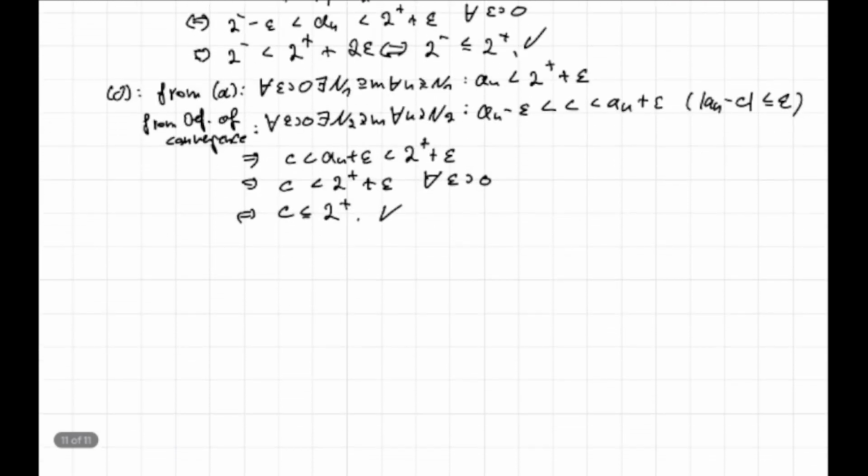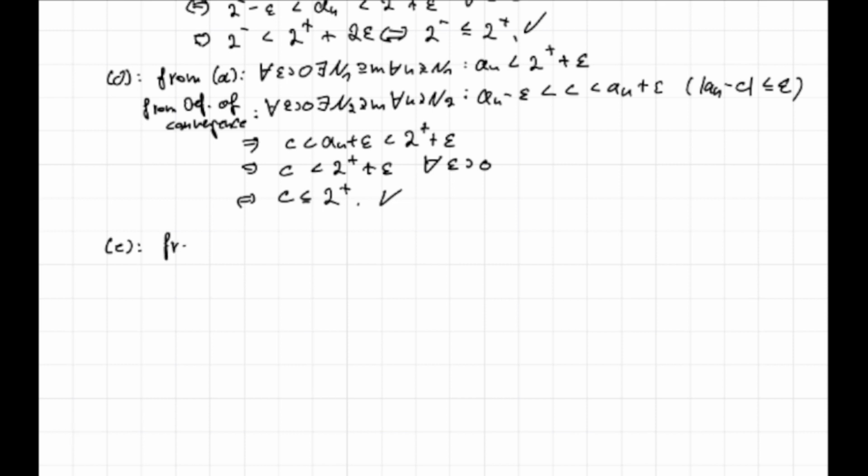So now we are just going to write down what we know from A and B, but I will do it a little bit shorter. So from A we know an is smaller than L plus epsilon.